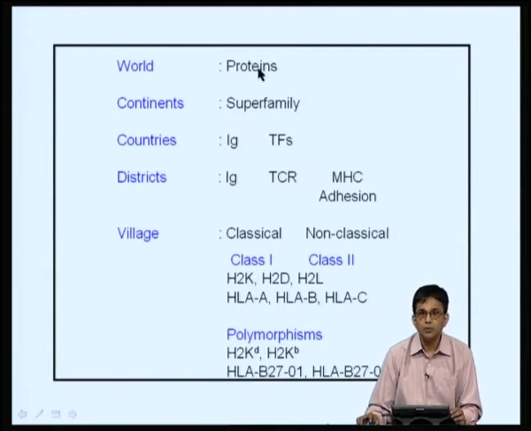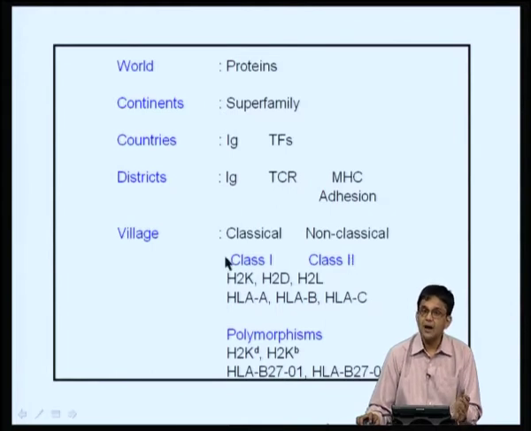Similarly, in the case of proteins, you have superfamilies, you have transcription factors, you have immunoglobulins. The immunoglobulin family is further divided into real immunoglobulins, TCRs, MHC molecules, adhesion molecules, and so on. The MHC molecules can be further distinguished into classical and non-classical MHC.